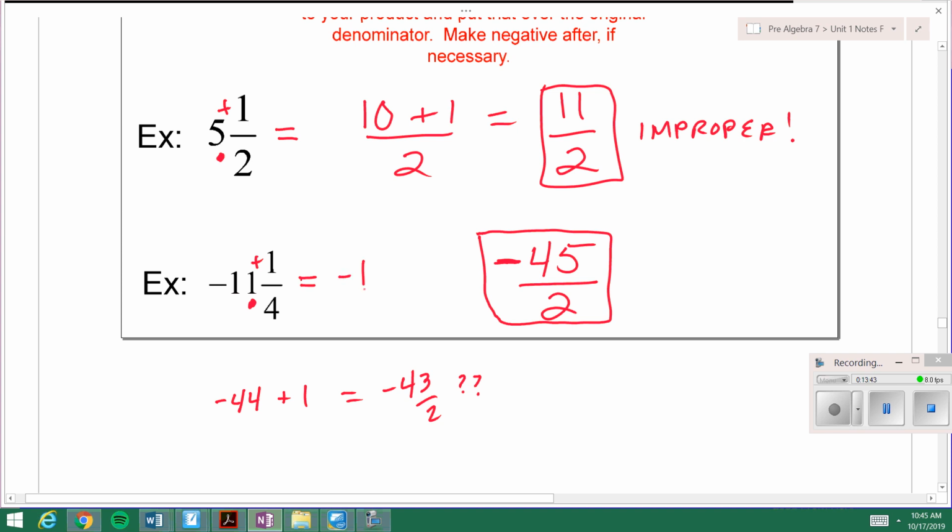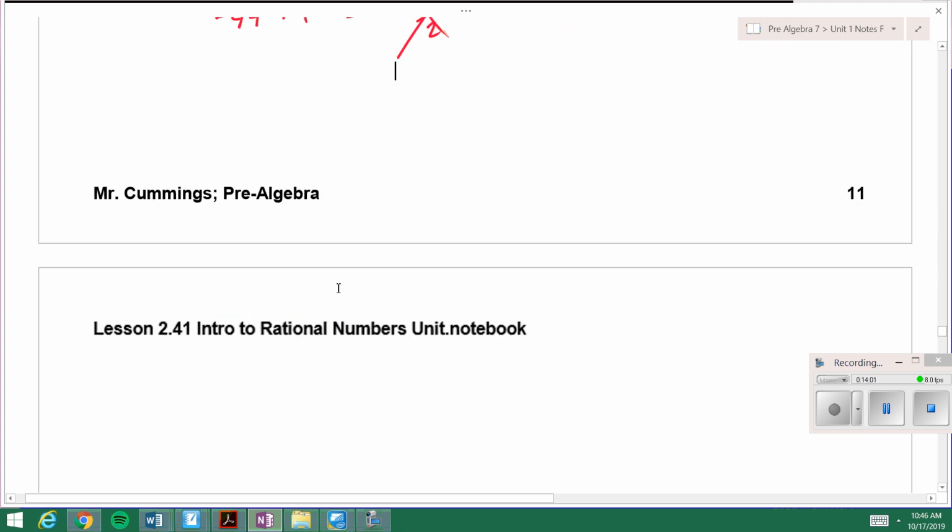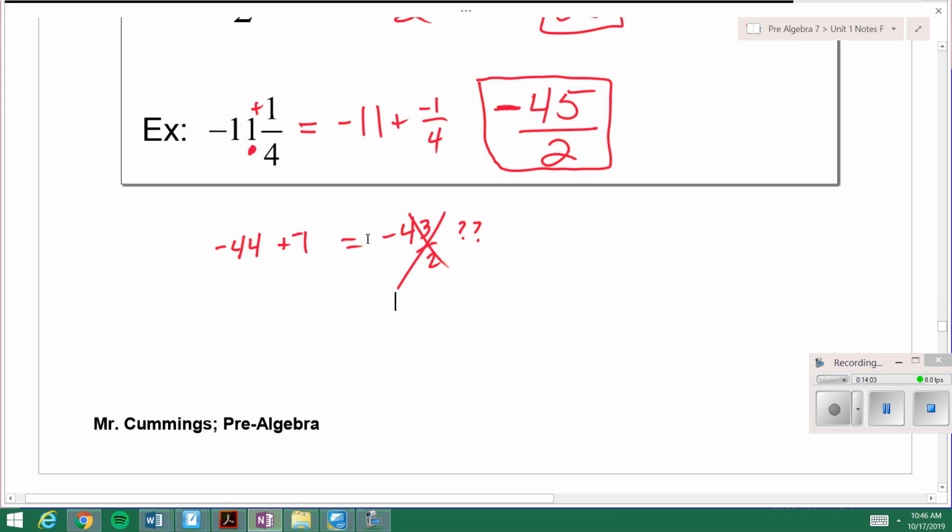So if it's negative 11 plus an extra negative 1/4, it's not negative 44 plus 1. It's negative 44 plus another negative 1. Probably went into that a little too deep, but in this case, the negative 45/2 converts to our correct mixed number that we need.